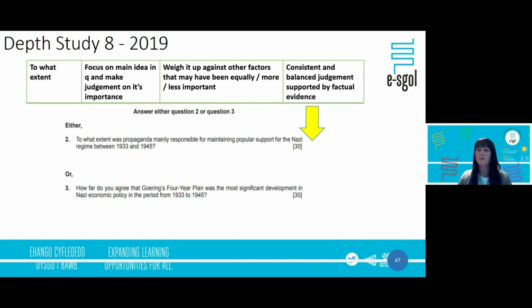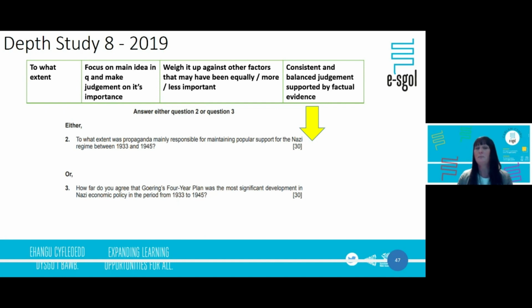So you know your theme is popular support, but you know that propaganda is what you need to focus on, okay? So to what extent was propaganda responsible for popular support? Or was it something else? So you'd focus on propaganda, think through what other things could come in there, and then be able to, in your introduction, mention them and go into more detail further on.